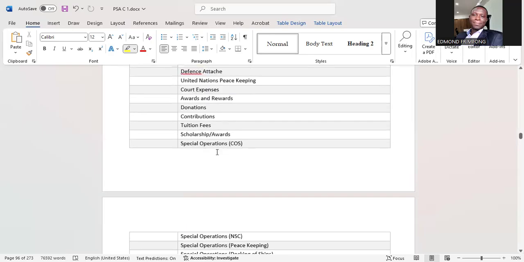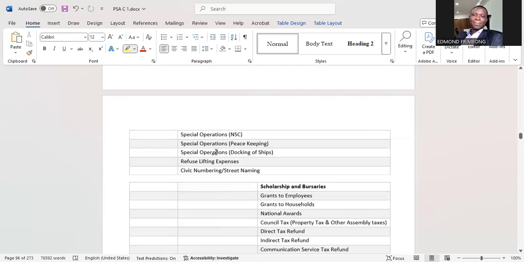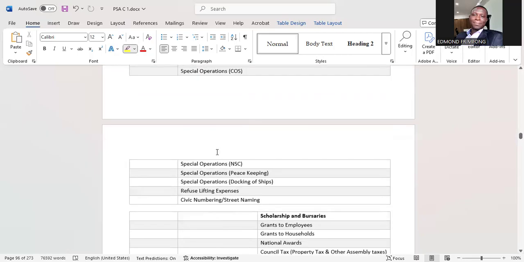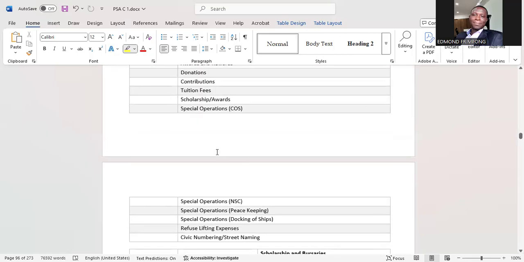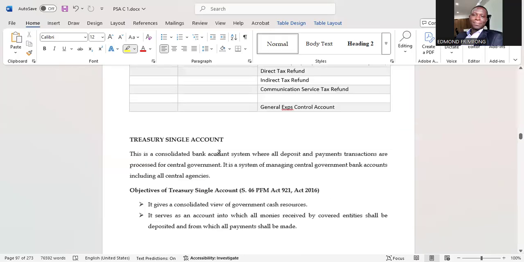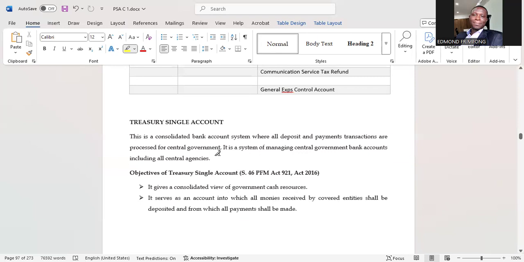Other expenses. So these things are very, very important, which we have to know. So that is that for the GIFMIS classification of expenditure. All right. Let's move on to TSA, which is Treasury Single Account.